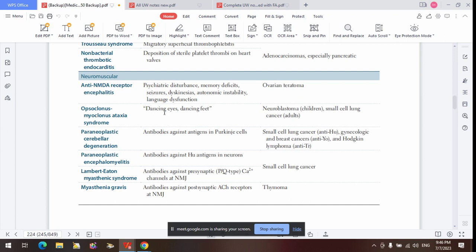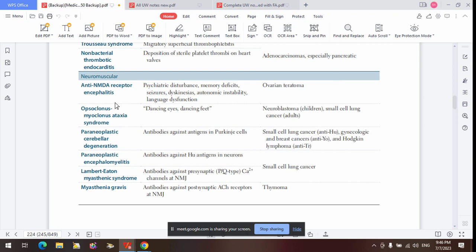They can have language dysfunction, they cannot speak properly because of that cortical affectation. They can have seizures. Sometimes it can affect the peripheral nerve and they can have autonomic instability. It is due to ovarian teratoma elaborating antibodies against this NMDA receptor in the brain.